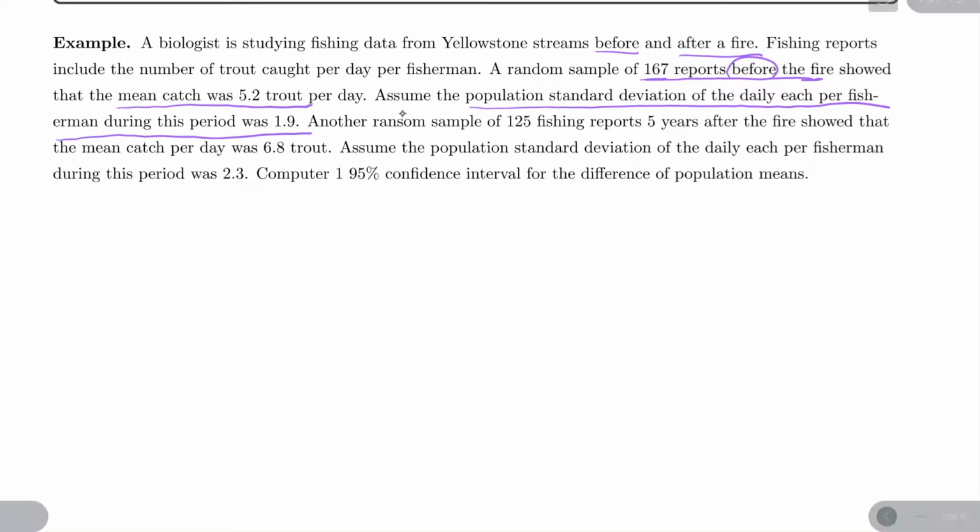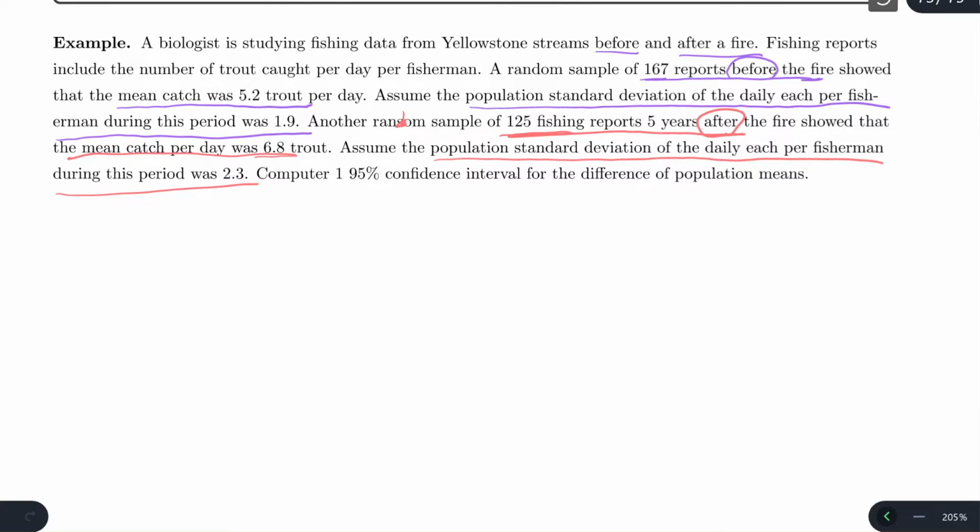Another random sample of 125 fishing reports 5 years after the fire showed the mean catch per day was 6.8. Population standard deviation was 2.3.